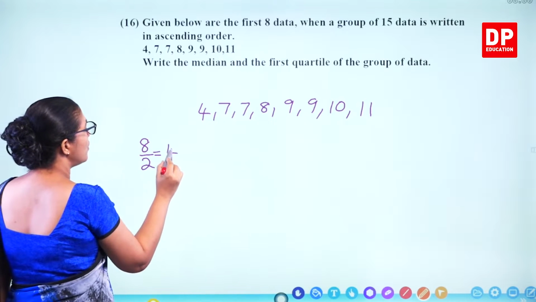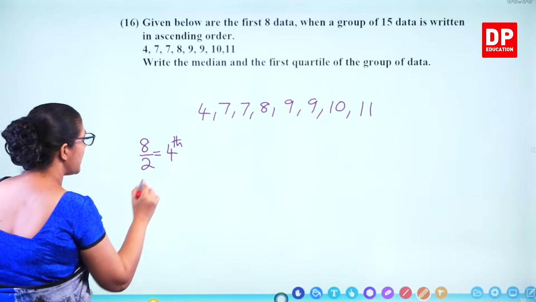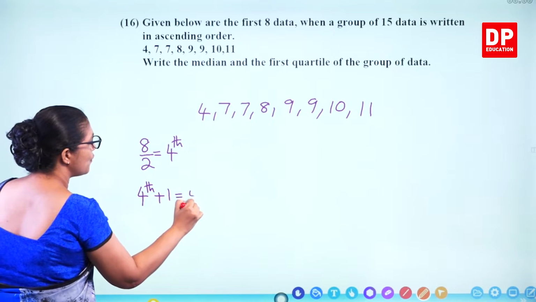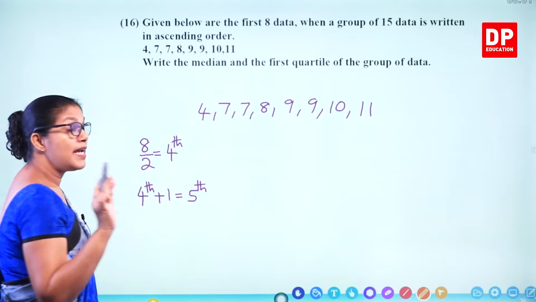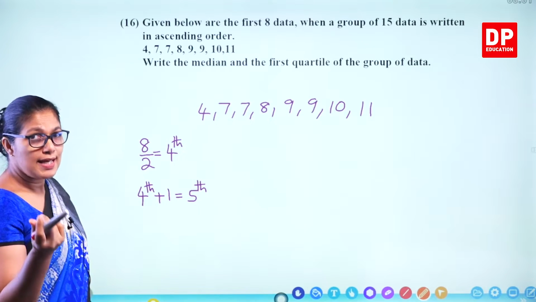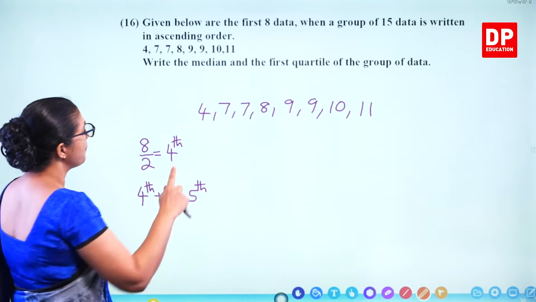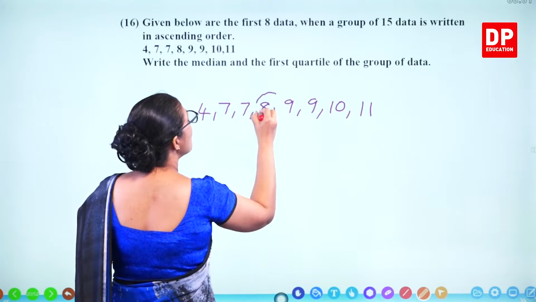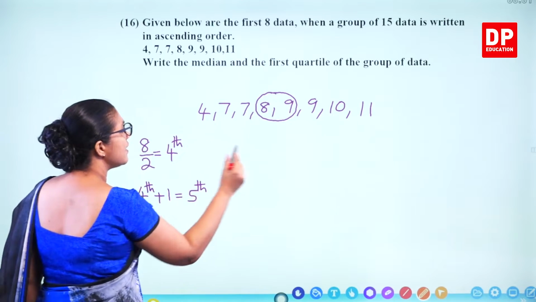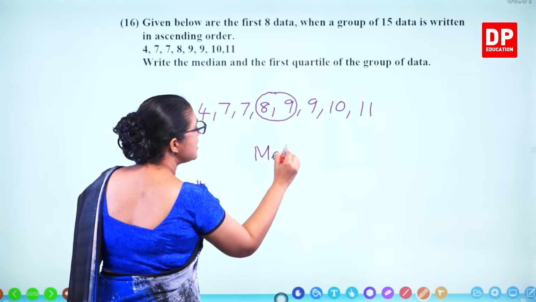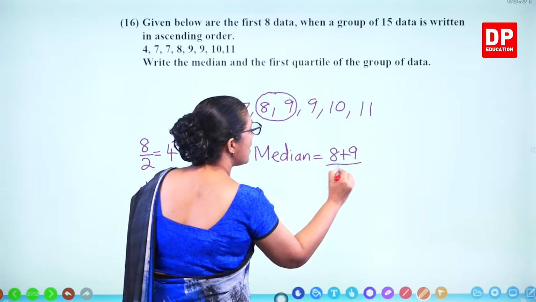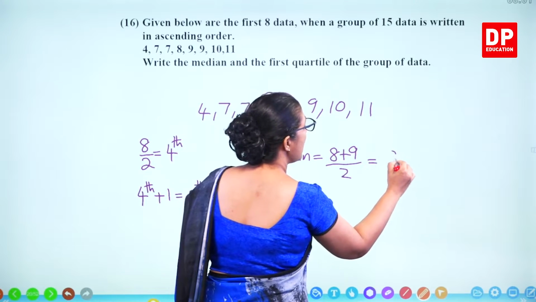You get 4. That means we are taking 4th and 5th. You get 2 middle values when you get even number of data set. 1, 2, 3, 4, 5. So 4, 5. You take the average. So median is equal to 8 plus 9 divided by 2. You get 8.5.